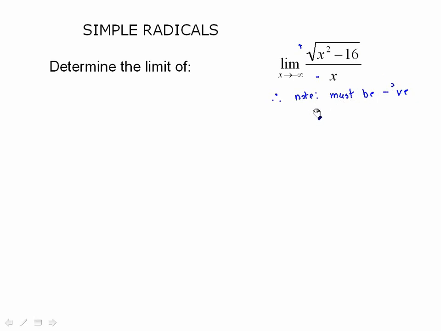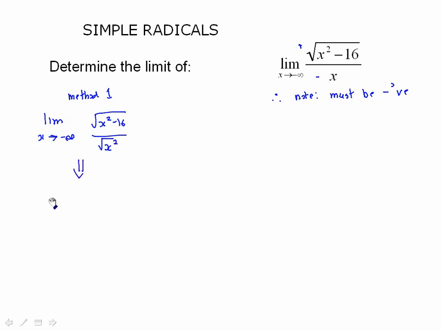Now, one way to do this one, there's really two. What some people will do, they'll look at this and they'll say, well, this is the square root of x squared minus 16, but they'll also take that denominator of x and realize that could be written as the square root of x squared, which is just equal to x.